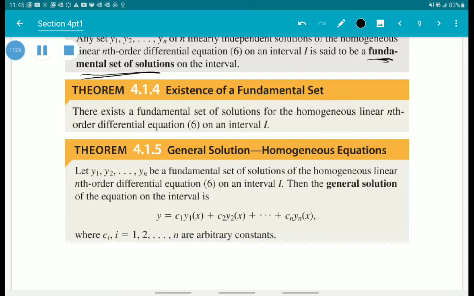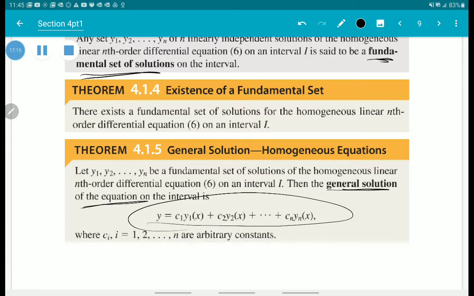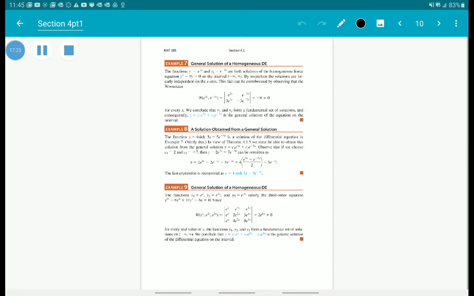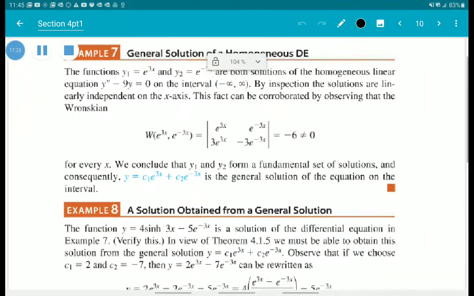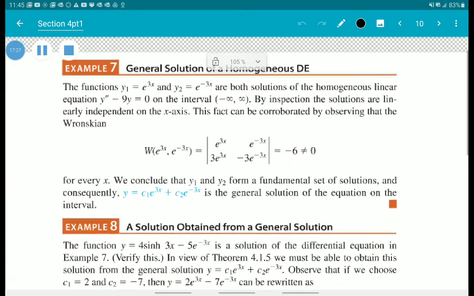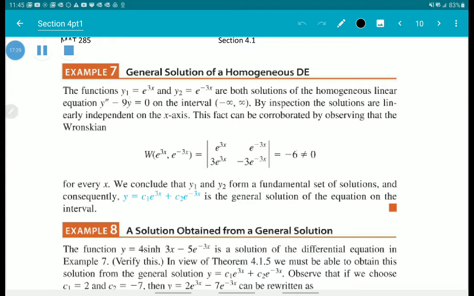Then the general solution of the equation is going to be using that superposition principle where we're putting them all together. It's the sum of a constant times the first solution plus a constant times the second solution, and so on. So just to look at an example, we have y1 and y2.